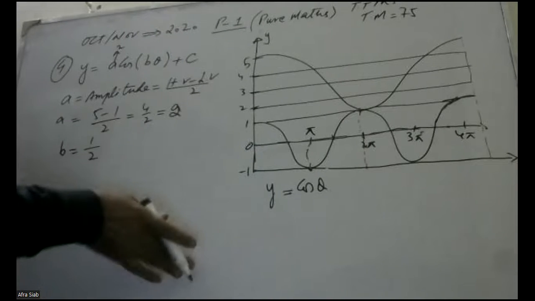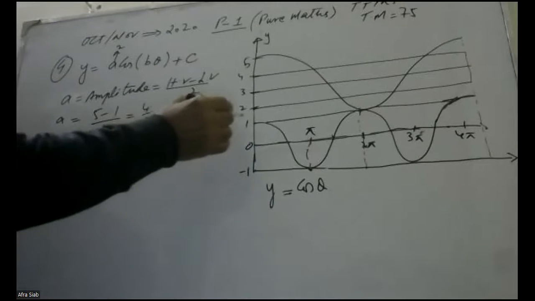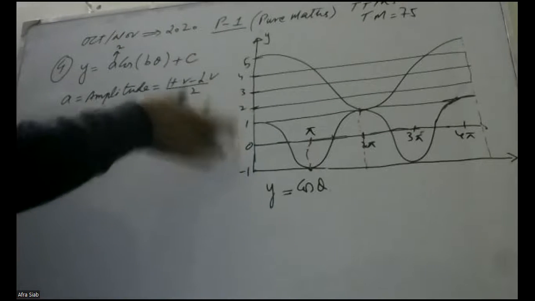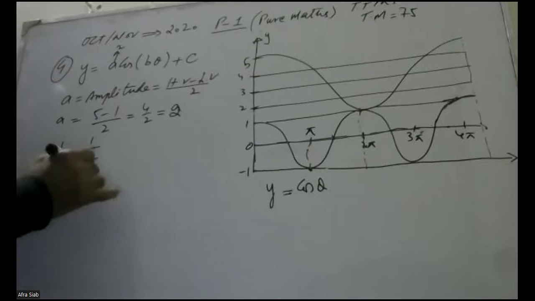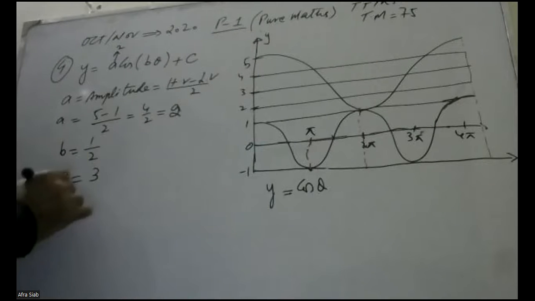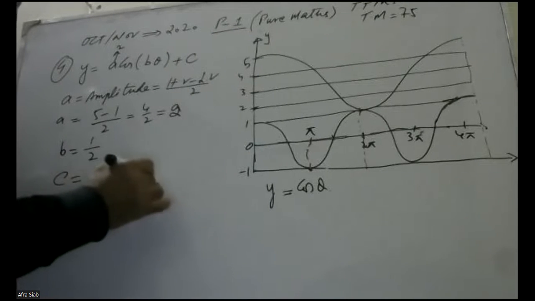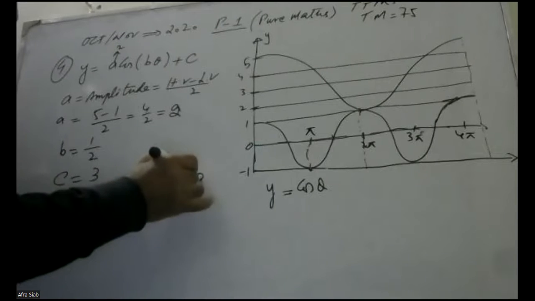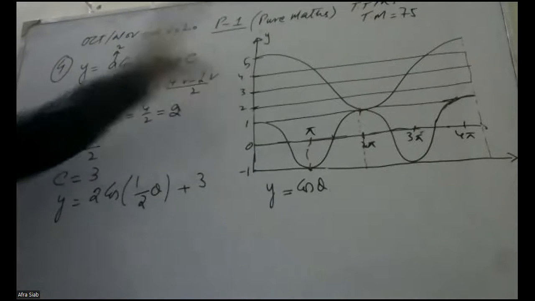That is how many times it is moved upward. So at this value it is 2, and it is moving 3 units upward there. So C value is equal to 3. So this curve of the upper can be written in the form of 2 cos of half theta plus 3, because 3 units it has moved from this to this position there.